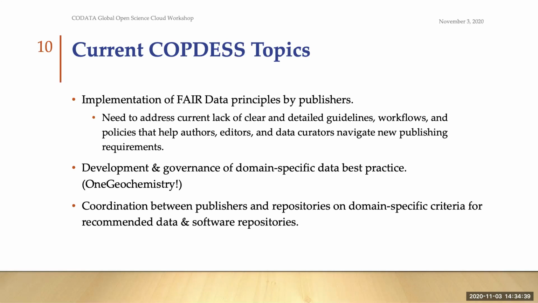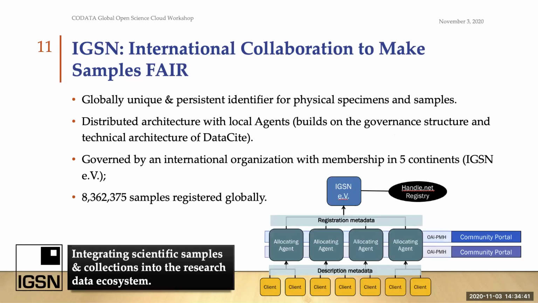Next slide, please. Another international effort that has been really important for this geoscience community is the IGSN as a global unique and persistent identifier for physical samples. This community builds heavily on observations made on physical specimens collected in nature.